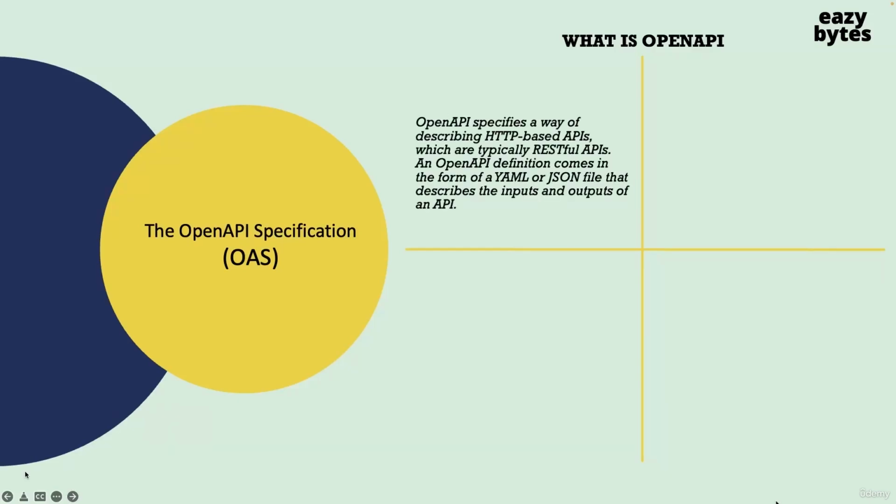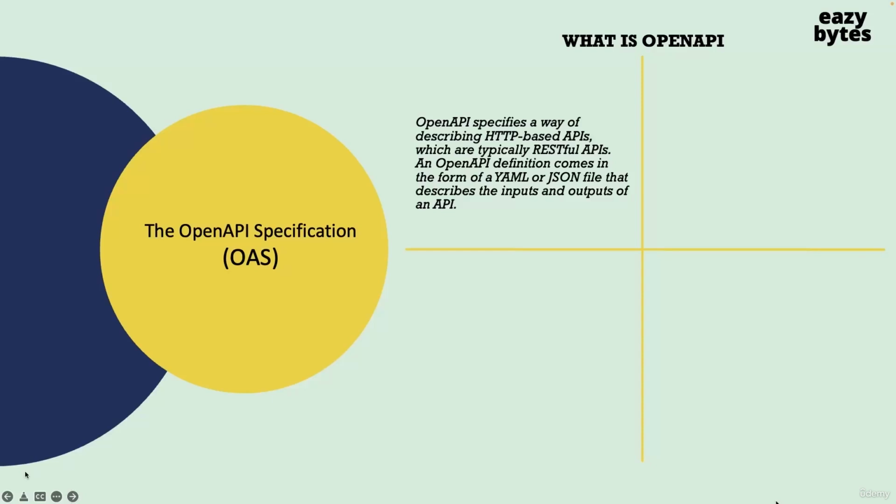Now, if you ask me what exactly is an OpenAPI specification, the definition is very simple. OpenAPI helps us in defining or specifying our HTTP based, especially REST APIs. With the help of OpenAPI definitions or specifications, which I can write in the form of a YAML or JSON file, I can describe my APIs.